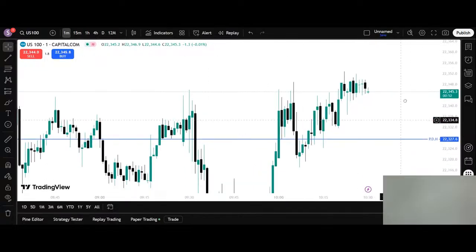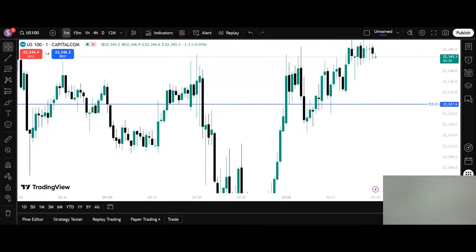As I've said before in the past, I don't like to take any trades between 10:30 to 10:45. There's a lot of manipulation in this time frame. I don't want to take a trade. So I'm still going to be waiting till 10:45 and let's see what happens.